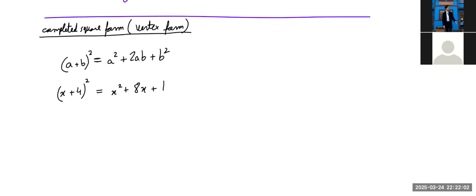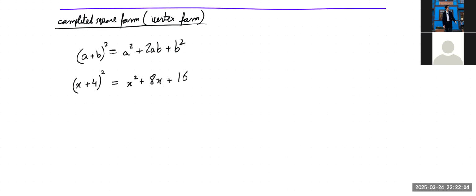So if someone gives me something like x squared plus 10x plus 25, I should be able to reverse engineer this by realizing that if I half 10, I get 5, and if I square 5, I get 25. So this whole thing is just x plus 5 whole squared, because it follows this rule. If you half this and square it, you will get b squared. But it only happens in a perfect square.